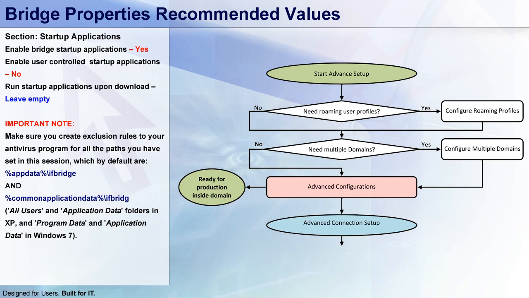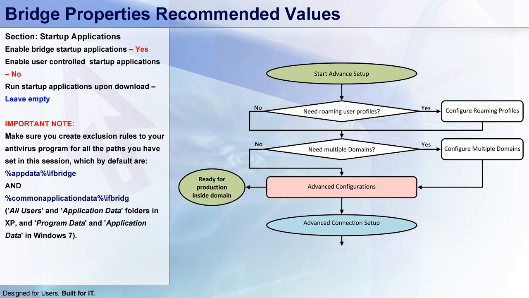But before we conclude, I would like to remind you again a note I started with in the first video. As I said there, antivirus programs might prevent virtual applications from running, and now after we have set all the different paths, it might be useful to add exclusion rules to your organization's antivirus program.